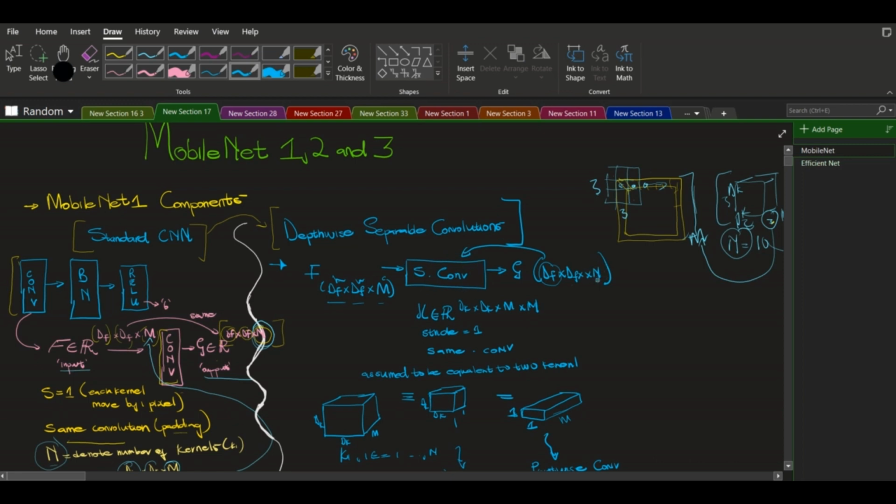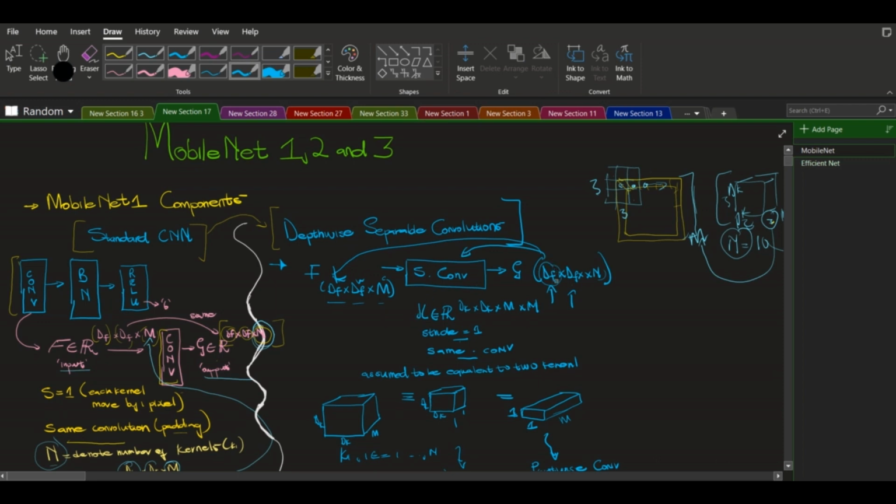So N depends on the number of filters or kernels that we selected. Also the stride: we see here we have the same padding, stride equals 1, padding of 1. So that's why here we have Df, meaning that we have the same dimension as the input.